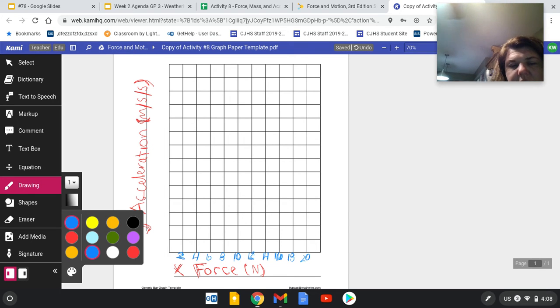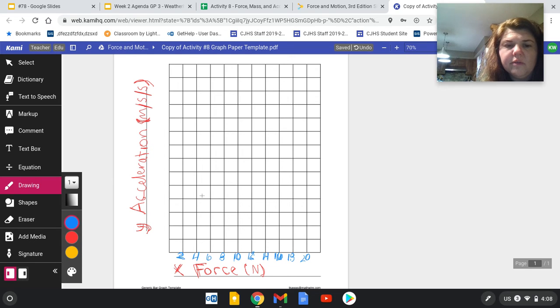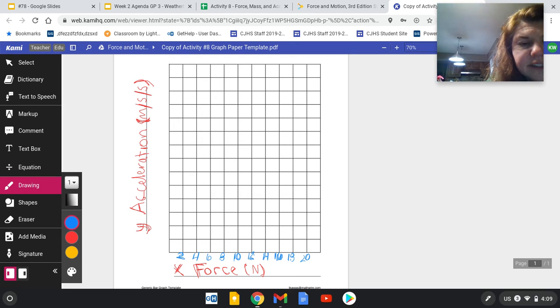So I have the label, and remember our acceleration, its highest number was 10. Let's count these to find our range. 1, 2, 3, 4, 5, 6, 7, 8, 9, 10, 11, 12, 13, 14. Well, I can just go up by singles for the acceleration.